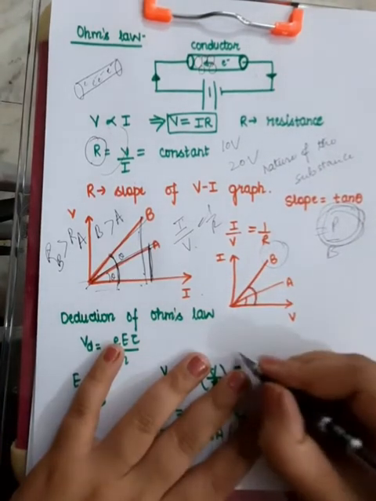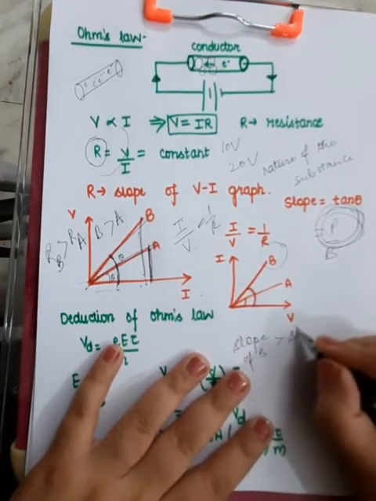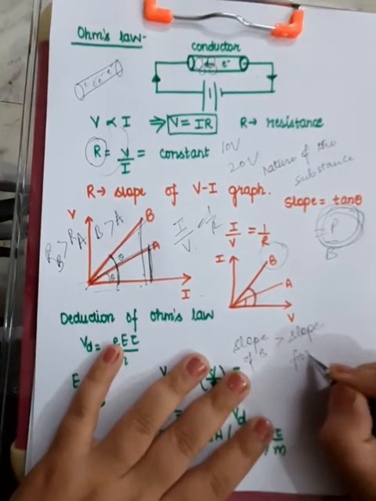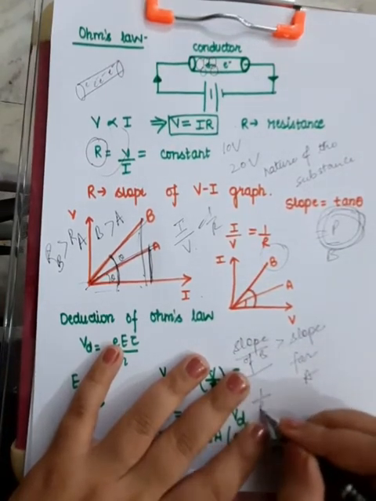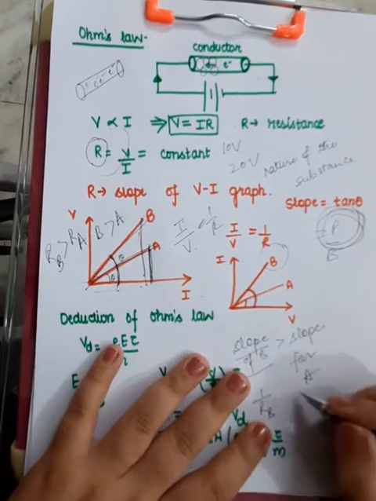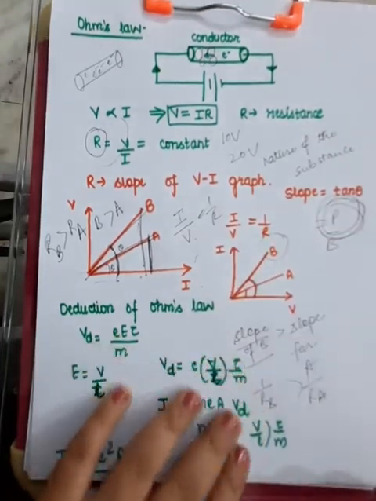Slope for material B is more than slope for material A. So slope of B is 1 by R value of B, and slope for A means 1 by R value of A for the IV graph.